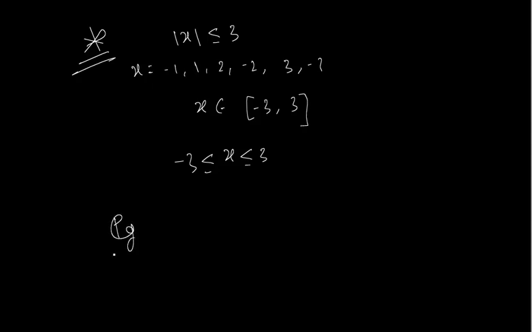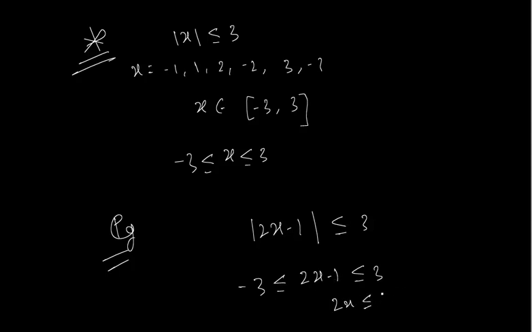Suppose I take one example, like modulus of 2x minus 1 is less than or equal to 3. So what should your answer be? See, it's very simple. Just do one thing. Modulus of 2x minus 1 is less than or equal to 3 and greater than or equal to -3. That's it. Now just bring 1 to both sides. If you bring it to both sides, you will get 2x is less than or equal to 4, and this will become greater than or equal to -2.